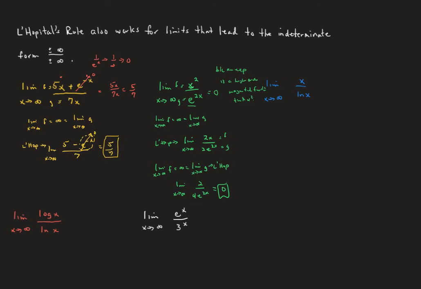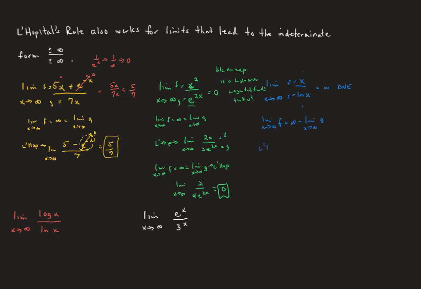I would argue the same thing here, that we know that x is a higher order magnitude function than a natural log, so that is going to go to infinity, or we could say does not exist. But we can do it using L'Hopital's rule as well. I don't think it's the most efficient, but we can say the limit as x goes to infinity of f is infinity, so is the limit as x goes to infinity of g.